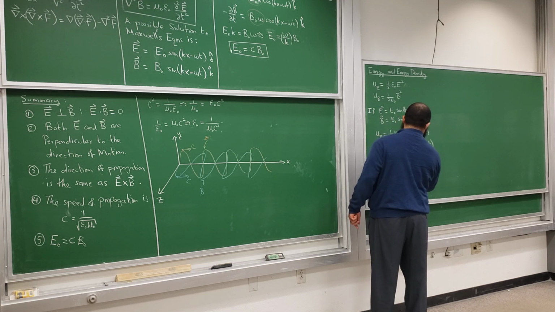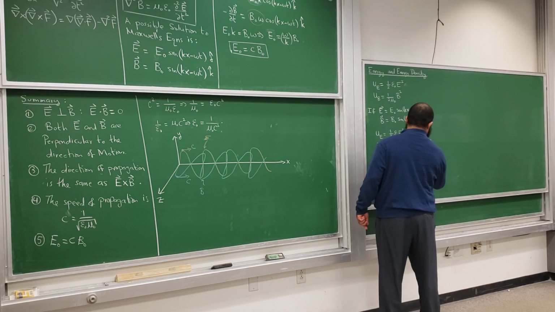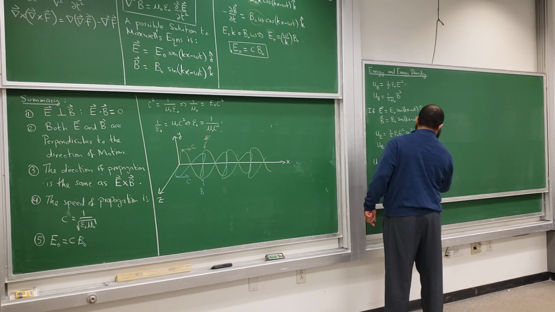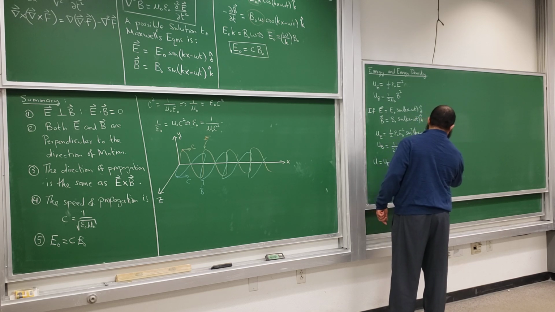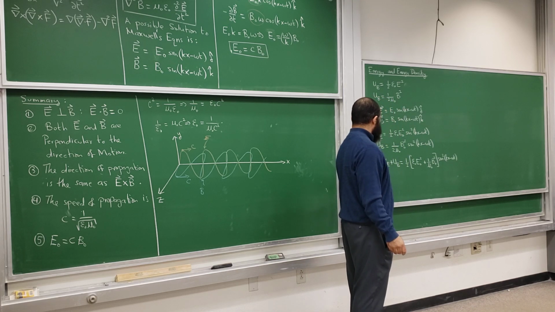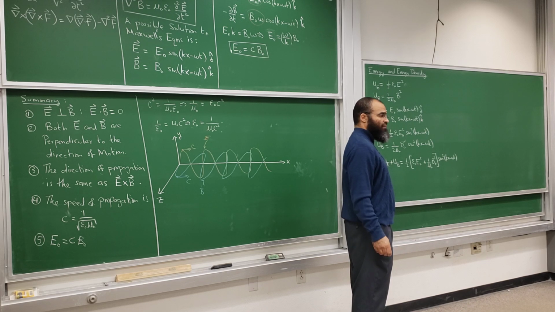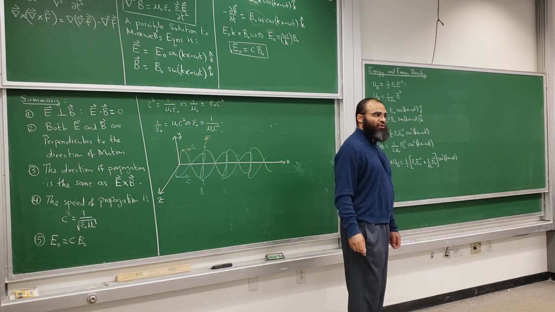It will be epsilon naught E naught squared, and then 1/mu naught B naught squared, and then we can factor the sine squared of kx minus omega t. Okay. That's the energy density, energy per unit of volume.